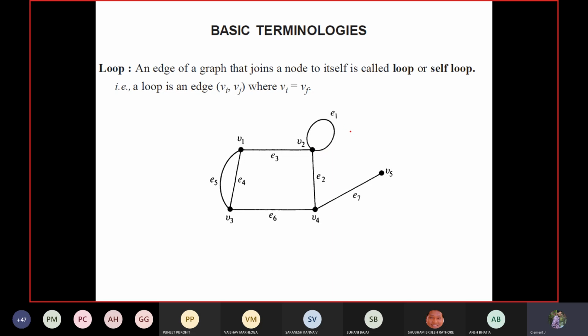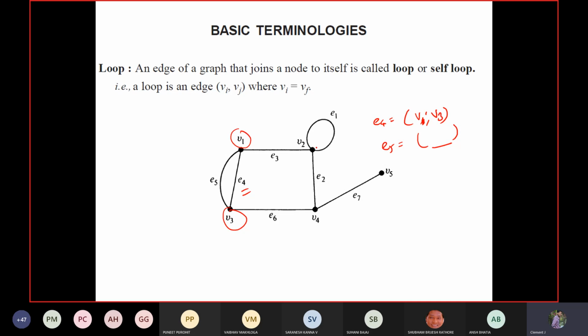By the way, usually here E4 will be represented as V1 comma V3, because by joining V1 and V3 I am getting the edge E4, as well as another edge E5 for the same ordered pair V1 comma V3.